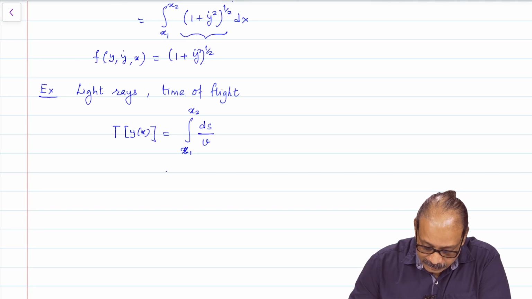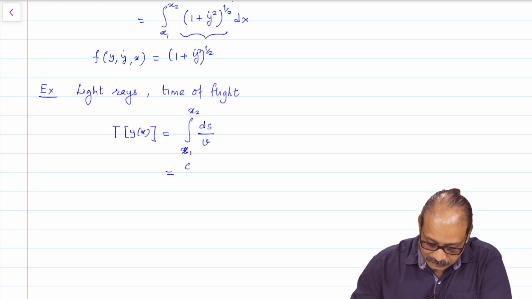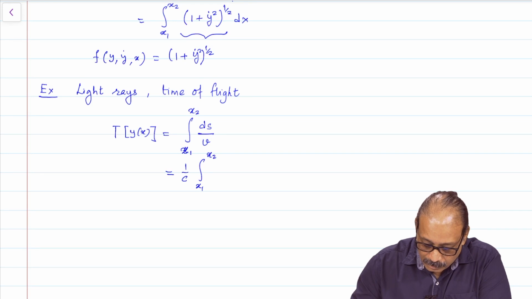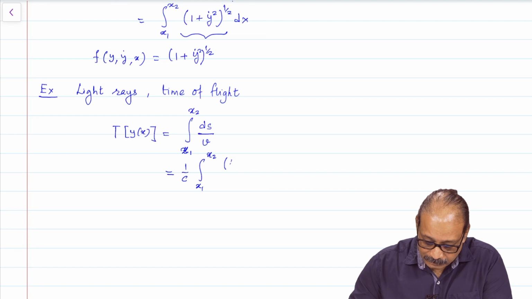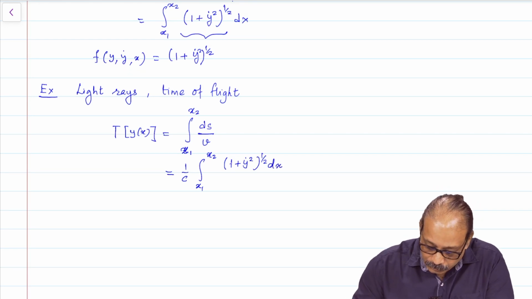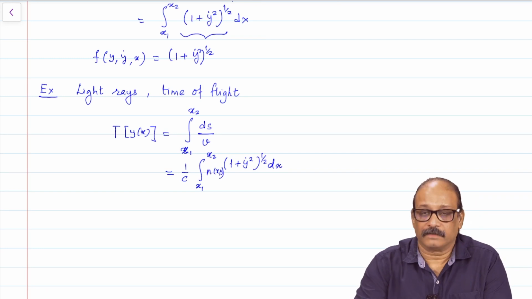So, sorry, I will write this as 1 over c times the integral from x1 to x2 of, we already know how to write ds, that is nothing but 1 plus y dot square to the power half dx, into n, which is a function of x and y.